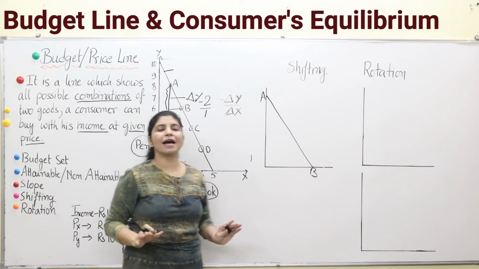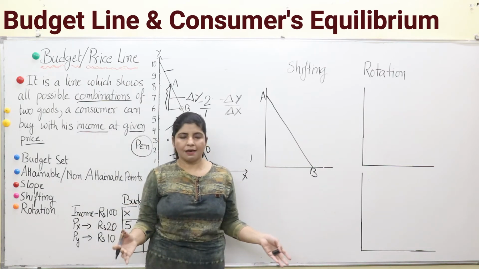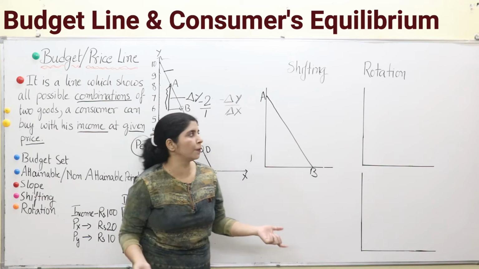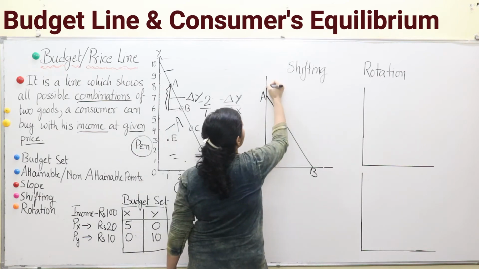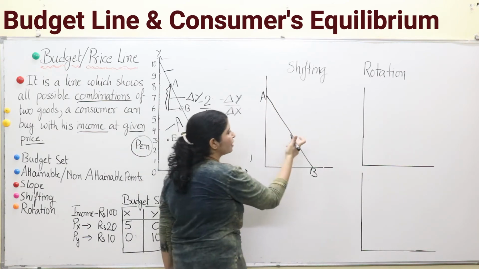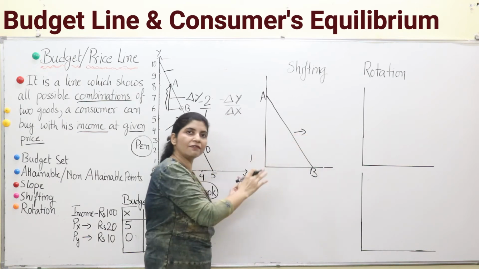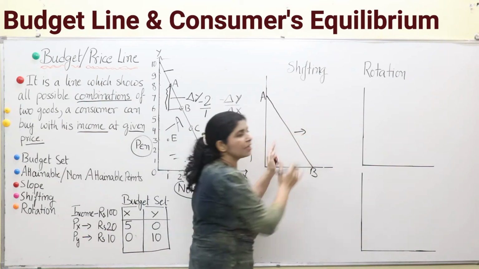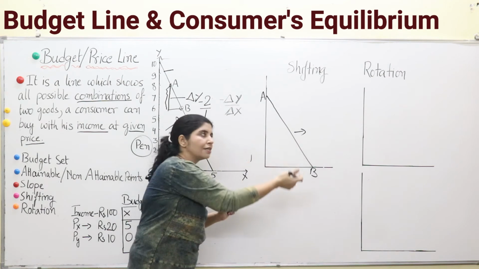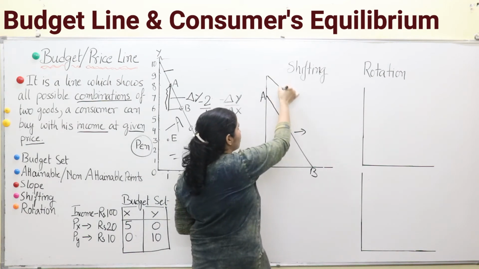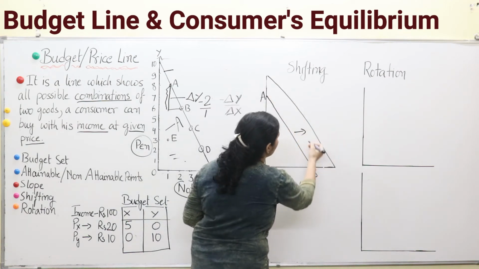Now, if my income increases, if in any case I get 200 rupees, in that case my price line will shift towards right. Whenever you shift towards right, that means your income is increasing. So in case of increase of income, your price line will shift towards right.